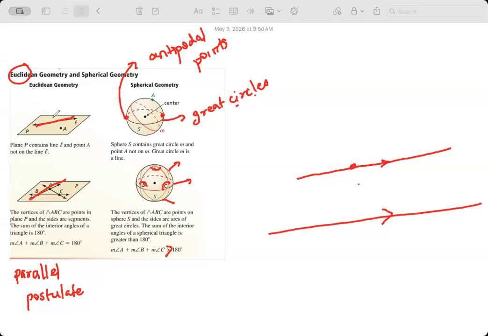This is in Euclidean geometry. The parallel postulate says there is a line and a point not on the line, and there can be only one line that passes through that point and is parallel to the other line. That is true in Euclidean geometry.